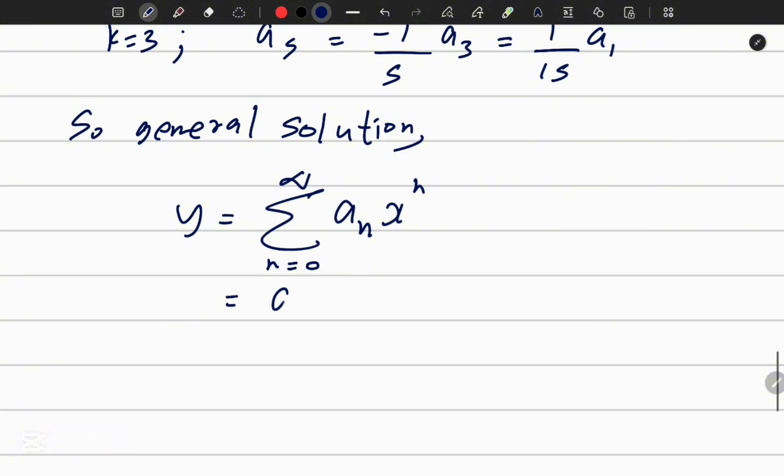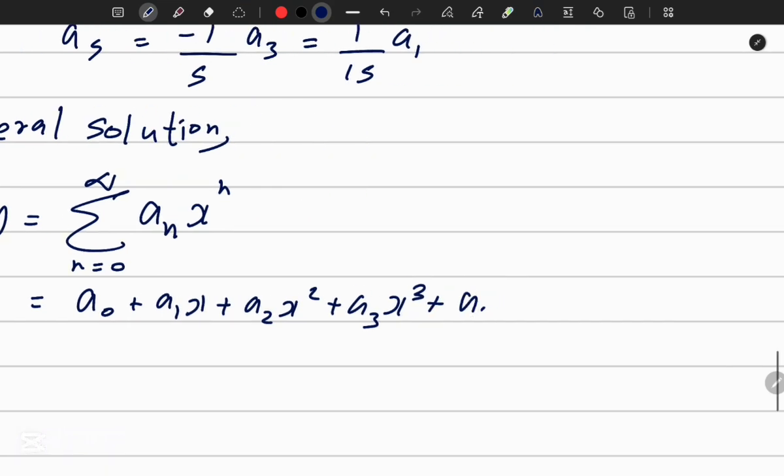Let's expand this: a naught plus a1 x plus a2 x squared plus a3 x cubed plus a4 x^4 plus a5 x^5 plus and so on.